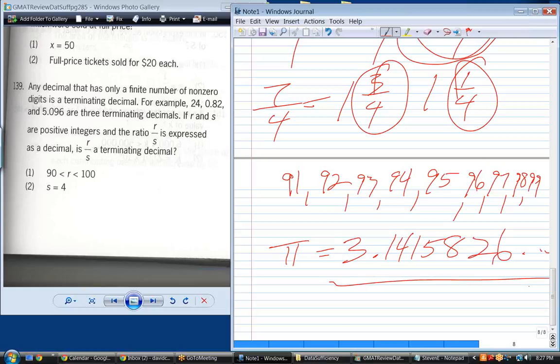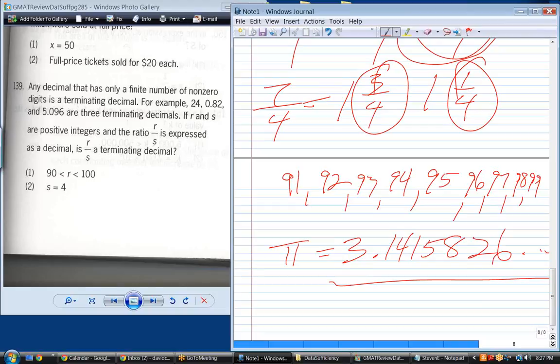It actually has an infinite number of non-zero digits. Logically, I don't think you can have a set of 9 numbers and it be non-repeating infinitely. There's no way. So is the square root of 2, so is any square root that doesn't come out to be a perfect square. Square root of 2, square root of 3, square root of 5, they're all irrational numbers.